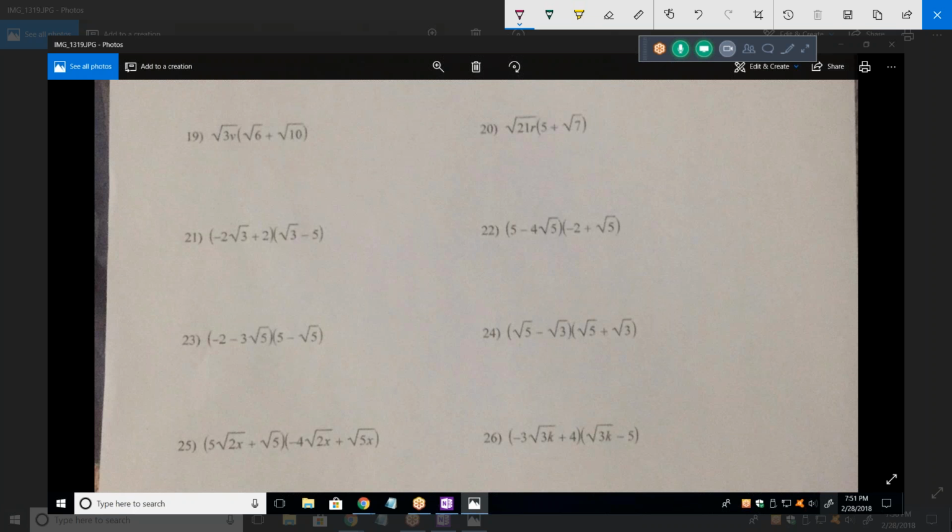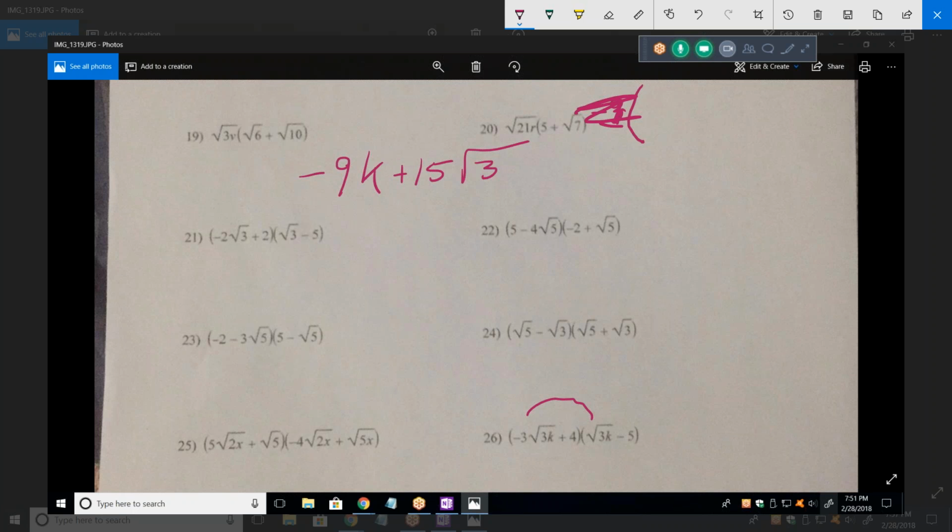And the first term in the FOIL would be negative 3 times 3k, so that'd be negative 9k. Okay, that's that times that. And outside would be 15 square roots of 3k, so plus 15 square roots of 3k.